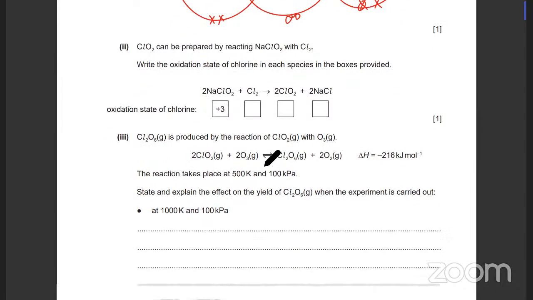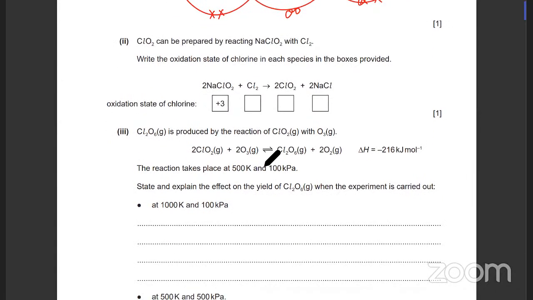And so what's the oxidation state of Cl over here? 0. What's the oxidation state of Cl over here as well? -2. Sorry, +4.